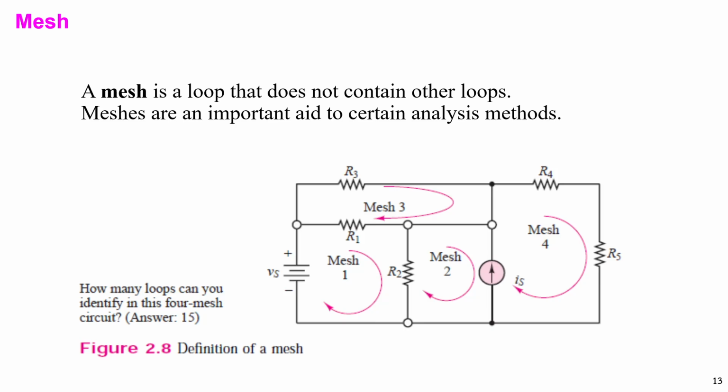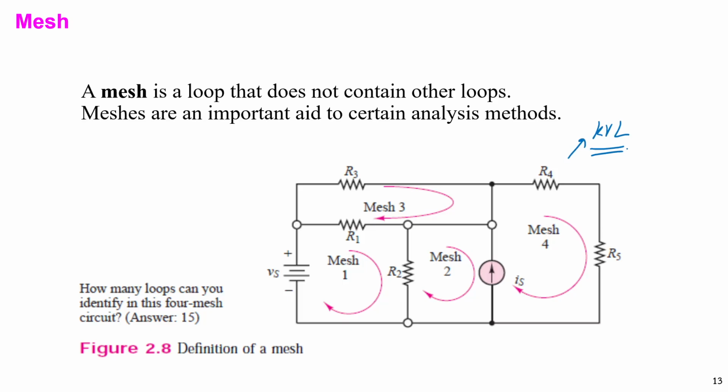For example, this circuit has mesh 1, 2, 3, 4. We have only 4 meshes, but many loops. If we define loops, we will have many. The mesh is what we will use to solve KVL.